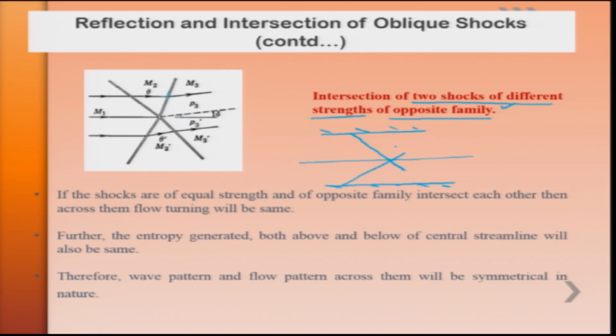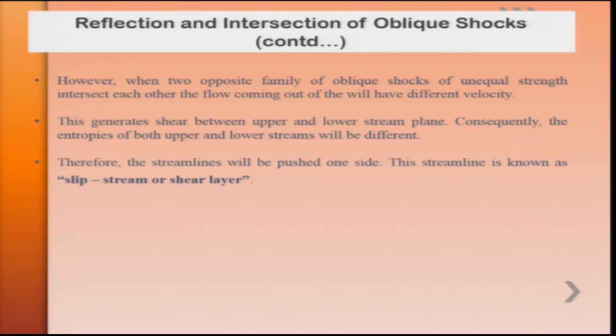In such a case, the stream, rather than going parallel as in the equal strength case, is shifted, let us say in this case I have represented upward, that is, the stream will be shifted either upward or downward. In this figure I have shifted it upward, and the shifting here is denoted by an angle delta. Now this shifting, where this dotted line represents the slip stream or shear layer, slip stream or shear layer.